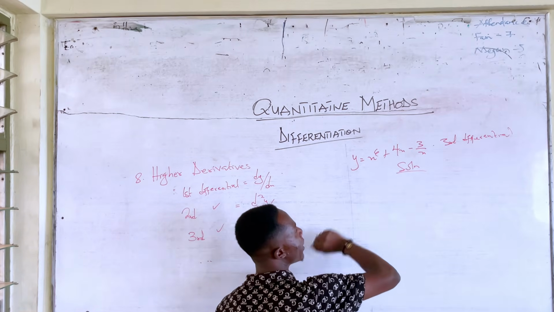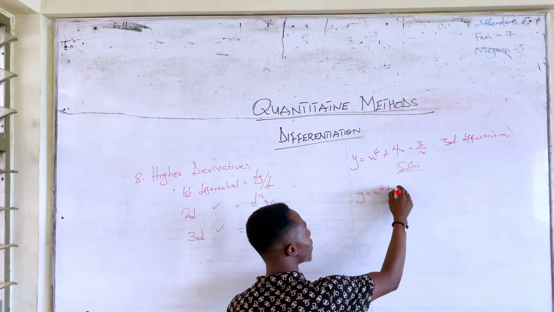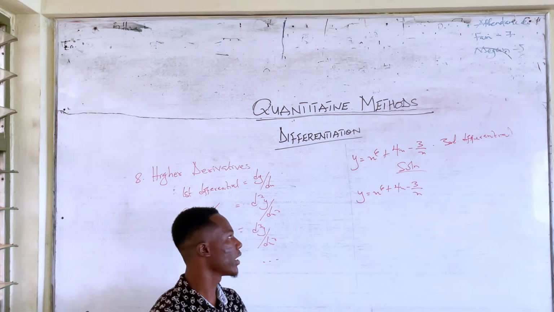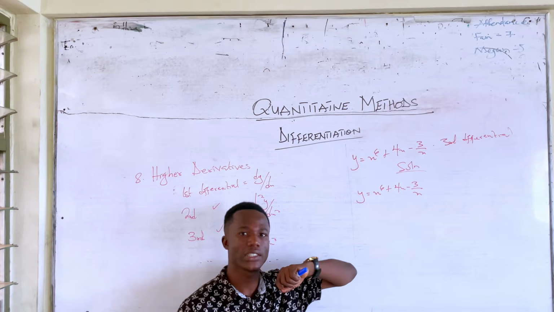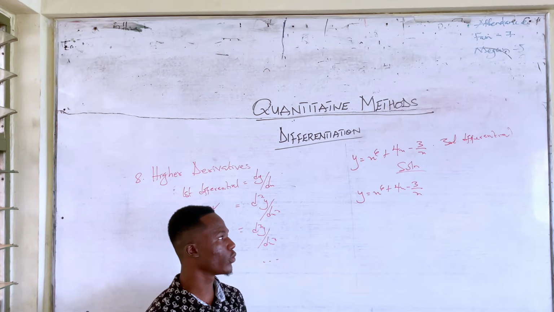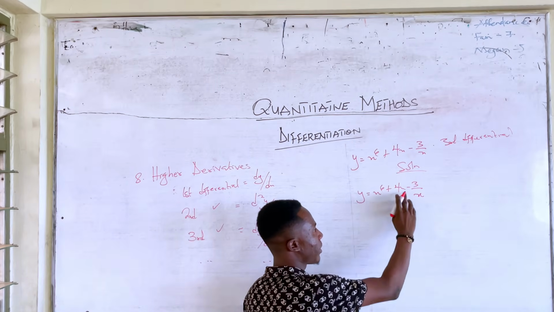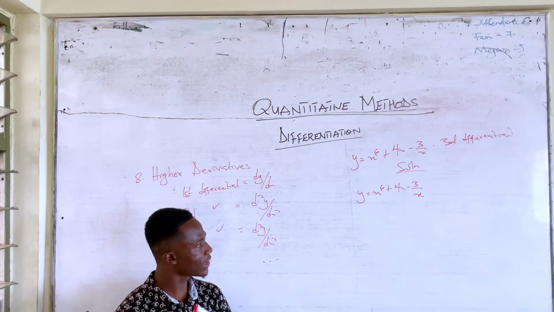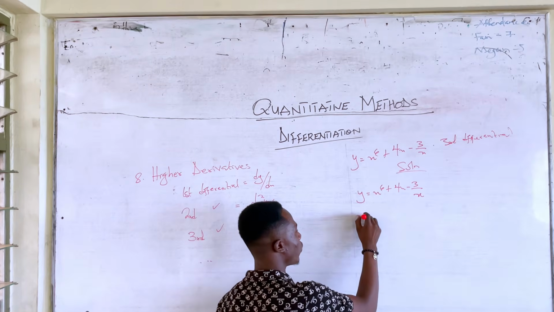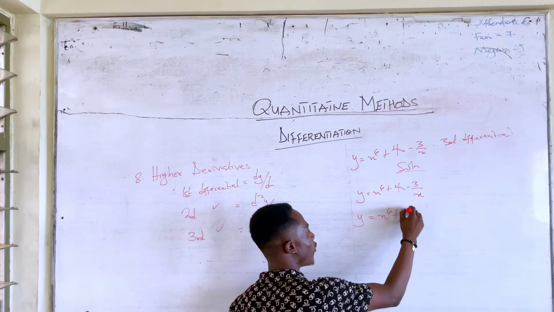So here, let's write our question: y equals x^6 plus 4x minus 3 over x. It is advisable that anytime you have a function with a fraction in it, you change it to linear form, in order for you not to get confused, because sometimes the negative can affect you. So we are rewriting it again, not differentiating it: x^6 plus 4x.